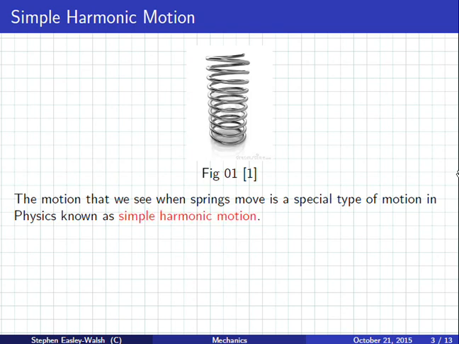So the spring is an example. What are other examples of this type of motion? You have a spring. What else? A clock. Pendulum. Like this, this is also simple harmonic motion.